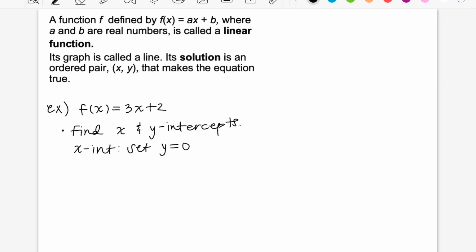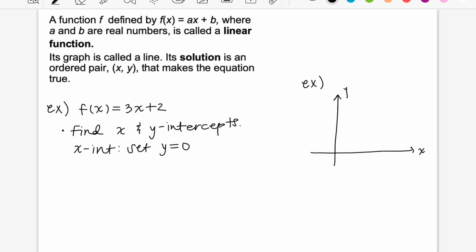is equal to 0. And actually, before we do that, just to give us a visual interpretation of the x and y intercepts and why we are setting y equal to 0 here, say this is our y-axis here, and this is our x-axis.